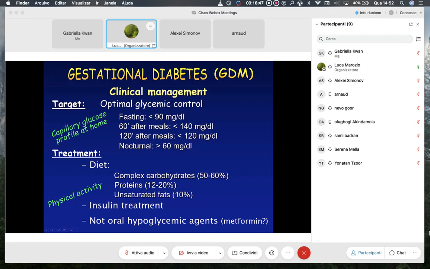The targets are fasting glucose less than 90 milligrams, less than 140 at 60 minutes after meals, less than 120 at 2 hours after meals, and nocturnal blood levels greater than 60 milligrams, because remember that hypoglycemic crises are more common during the night.